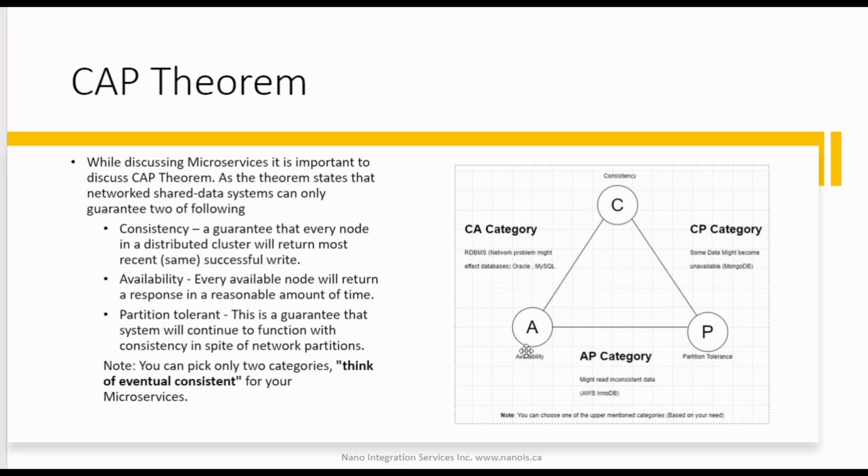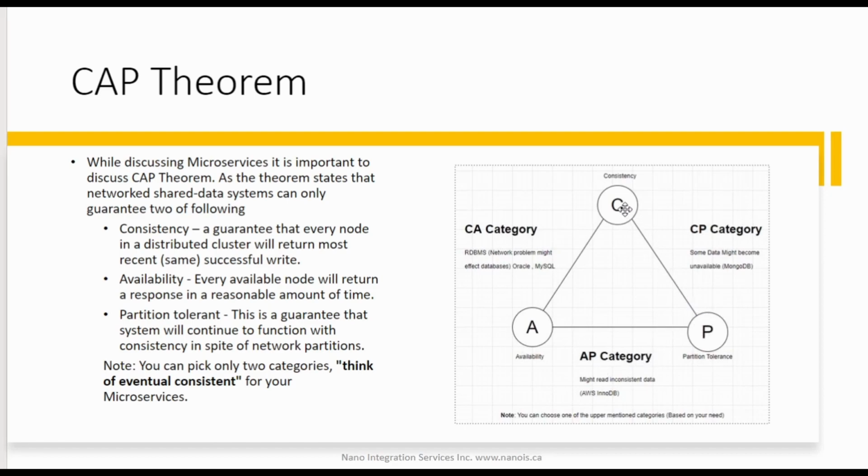Or you can use availability and partition tolerance over consistency. That might introduce reading inconsistent data. A typical example of this might be AWS DynamoDB. At any given time, the client might see inconsistent data, but it will be eventually consistent.